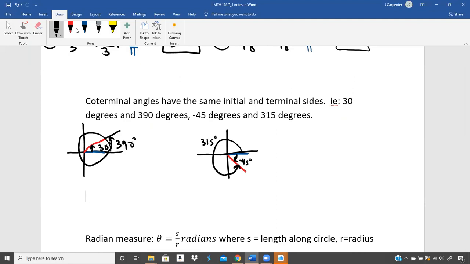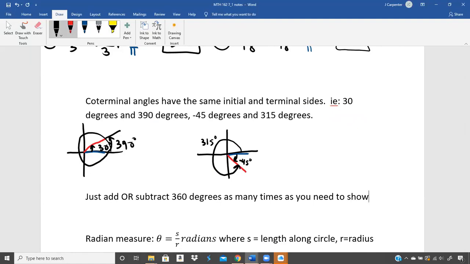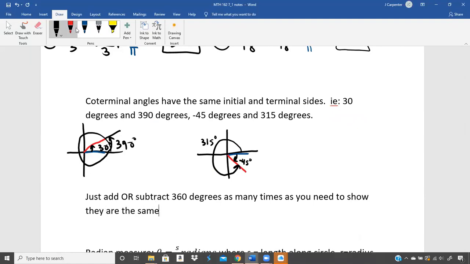And the way you can get between one coterminal angle and another is just add or subtract 360 degrees, as many times as you need to show they are the same or to find another coterminal angle.